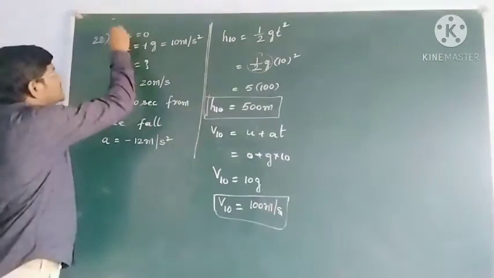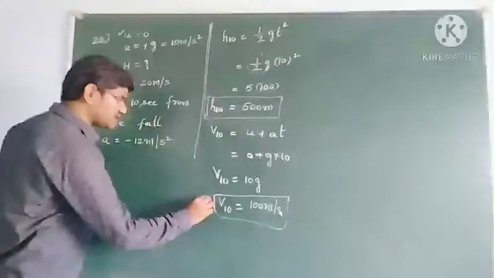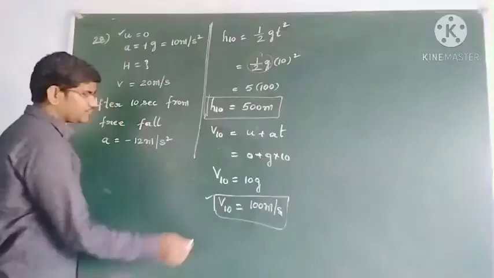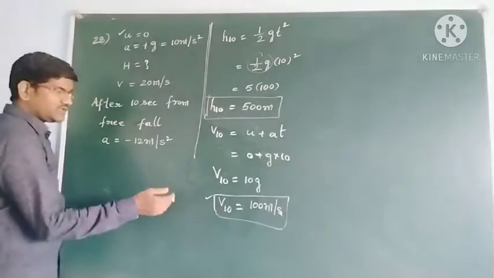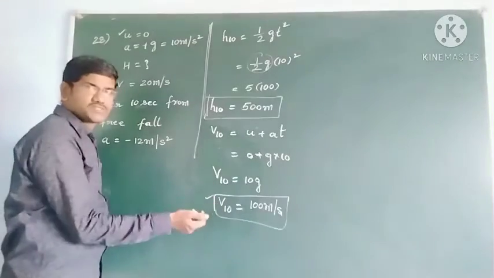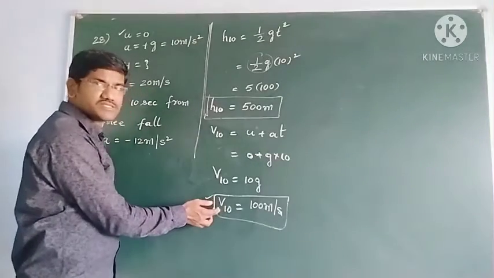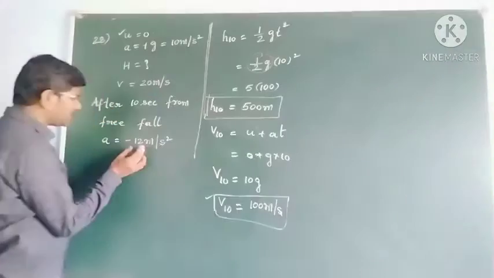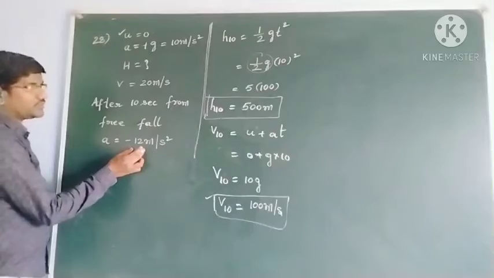Okay, students. His initial velocity is 0, and velocity after 10 seconds is 100 meters per second. With this velocity, how much height does he fall? While falling from this velocity, he is getting retarded.